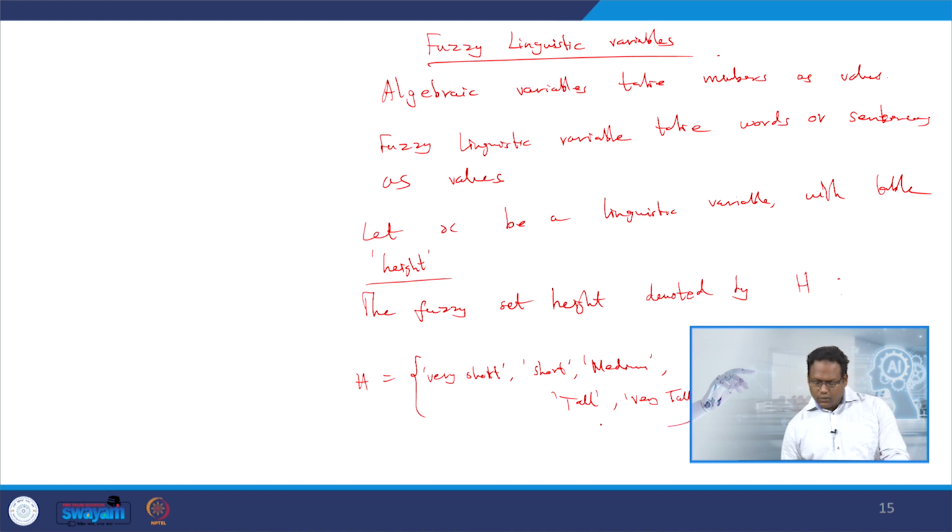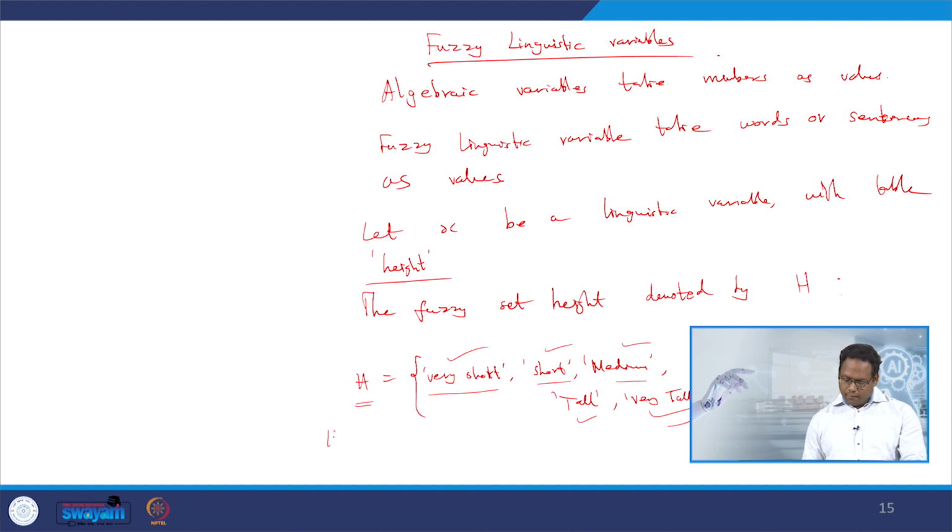Okay. So, this is the fuzzy set called height represented by H with its fuzzy variables, precisely fuzzy linguistic variables, very short, medium height, tall and very tall.